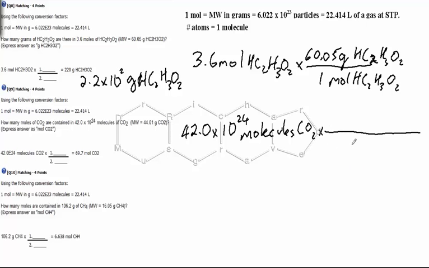And I know that molecules of CO2 will go on the bottom, and we need moles of CO2. And we know what the relationship between moles and molecules is. 1 mole is equal to 6.022 times 10 to the 23 molecules.